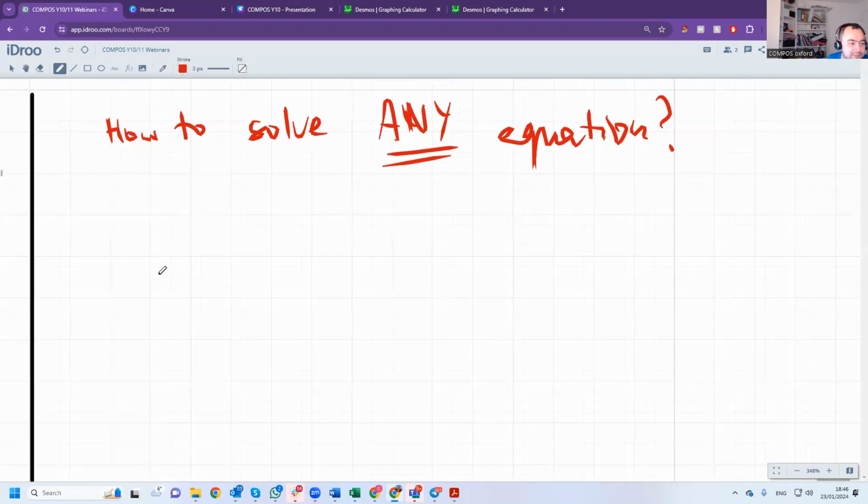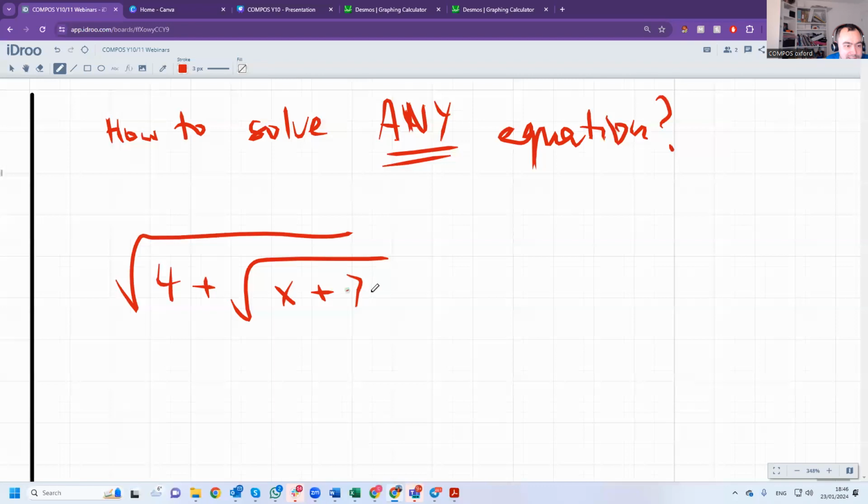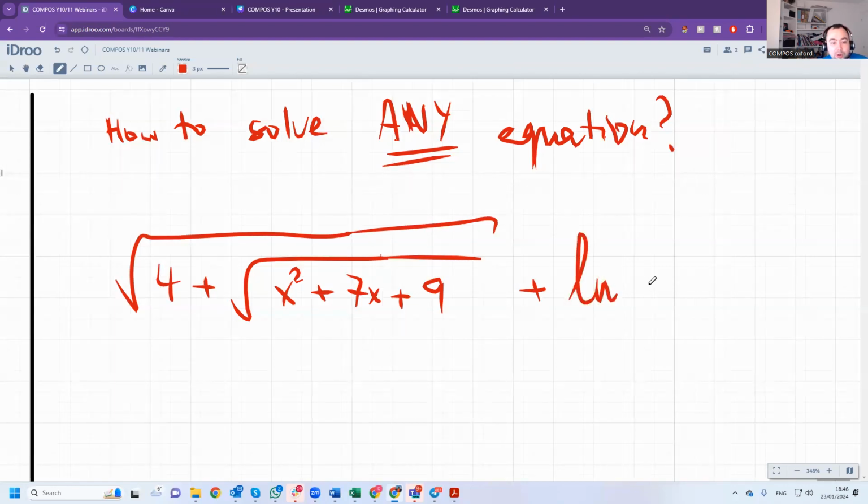Well, let's take a difficult equation. Square root of 4 plus square root of x squared plus 7x plus 9, plus a logarithm of x plus 7.